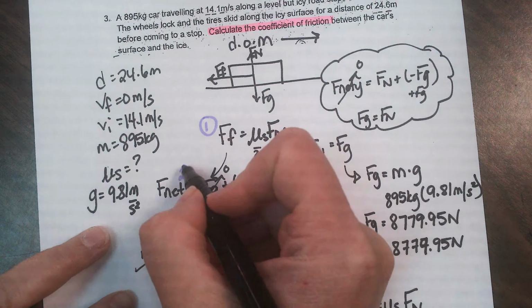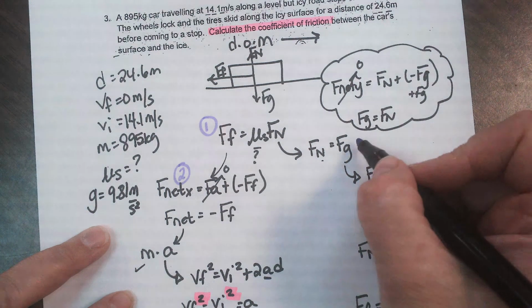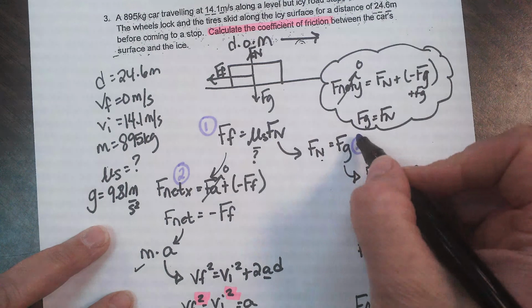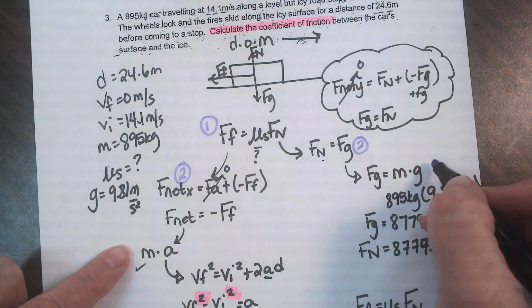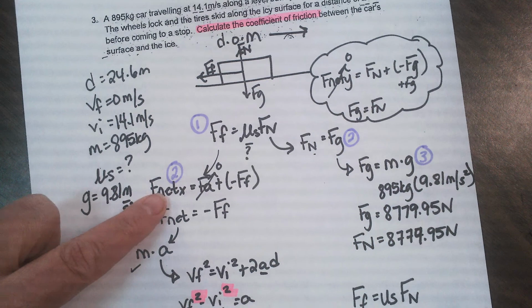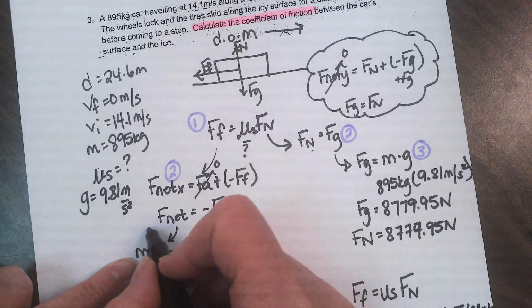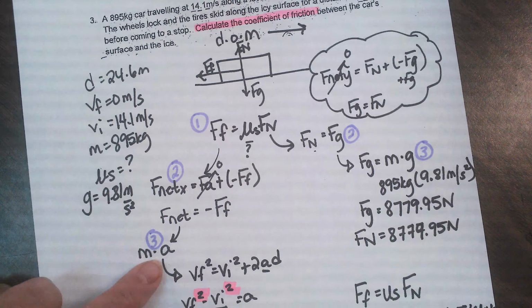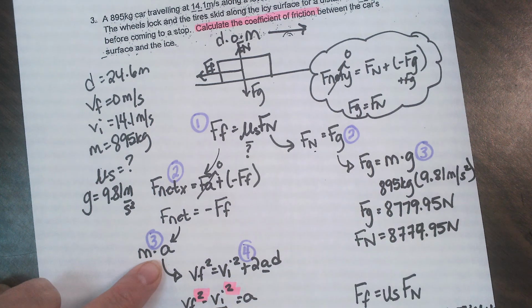So I have an unknown that I have to solve for over here, and an unknown that I have to solve for over here. Well, I still don't have FG. I need to solve for that. I don't have force net. I have to solve for that. I don't have acceleration. I have to solve for that.